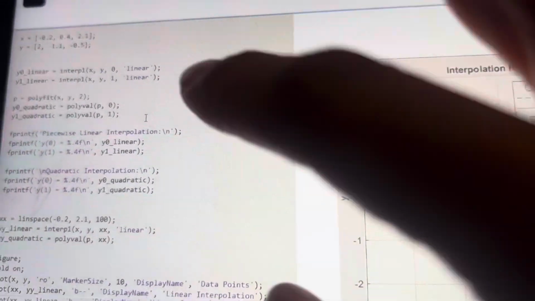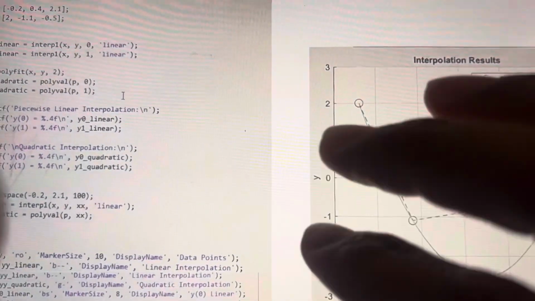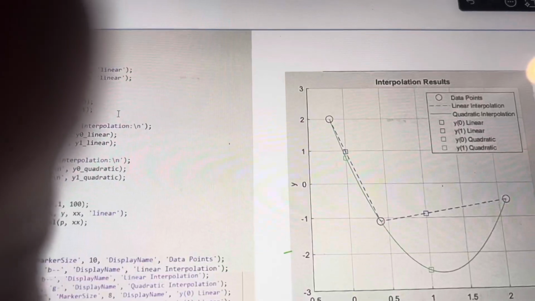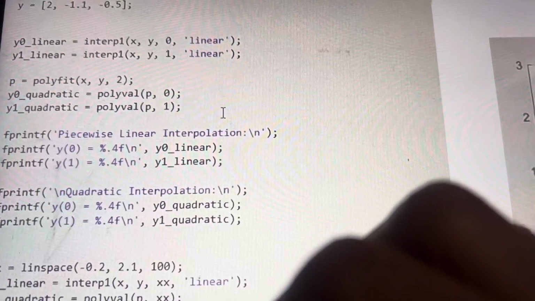Okay, so right here, this section, these are our data points. These are the data points we use for the piecewise linear interpolation as well as the quadratic interpolation. For this section here, what this part does is it just executes the linear interpolation.